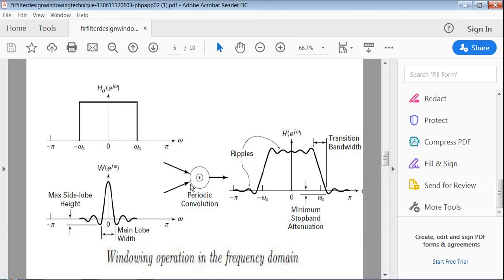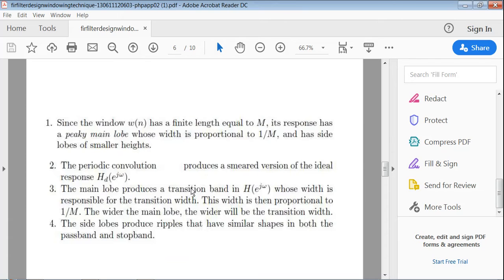And because of these side lobes, you will get the attenuation and the ripple. So we have to choose the window in such a way that the width of the central lobe is as narrow as possible, so the transition bandwidth will be low, and the side lobe attenuation should be very high. So you will not get ripple in the stop band and in the pass band.